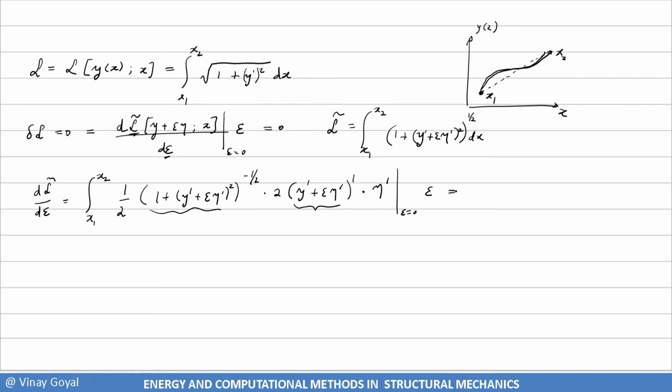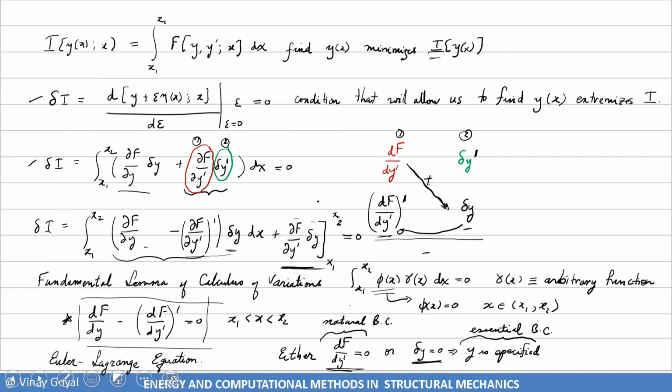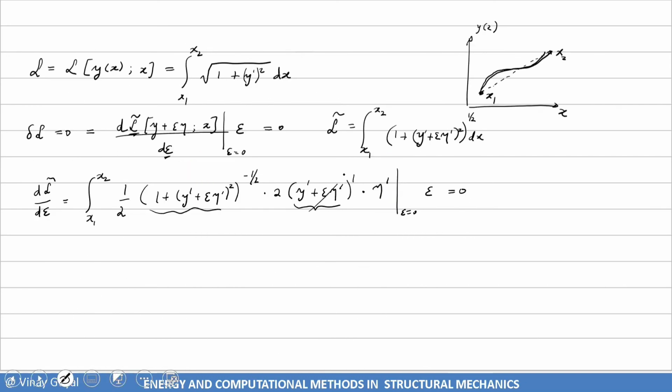So I can now set epsilon equal to 0, so this goes away, this goes away. And I'm left with the integral of x1 to x2. The half goes away. And this is to the 1 power, not meant to be a derivative, so I'll just remove that 1 so you don't think it's a derivative. But you get y prime over the square root of 1 plus y prime squared.